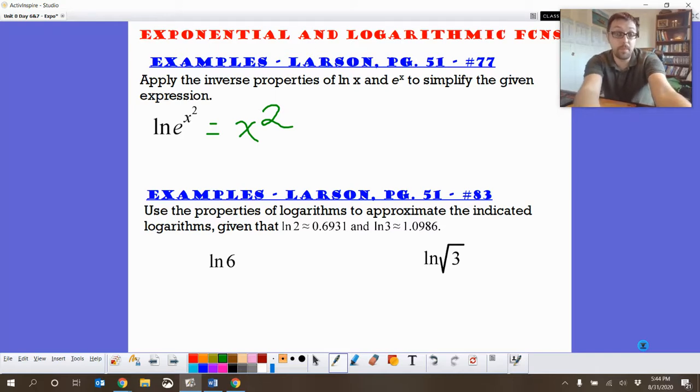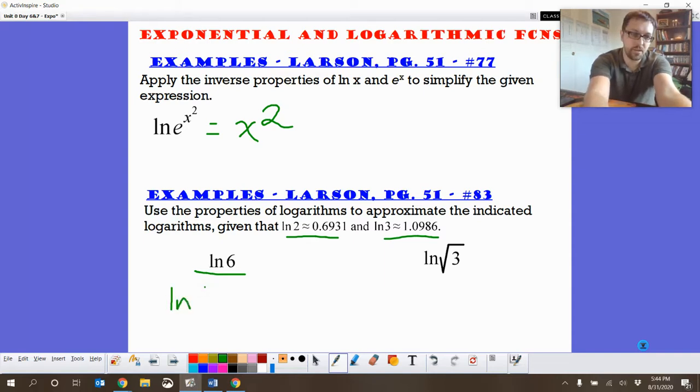Now we can use these properties in little goofy ways, where if I'm trying to find the natural log of 6, sure, I could type that into my calculator, but it's given me a couple things. So let's do some tricks. I know that 6 is 2 times 3. And since it's inside of a logarithm, I can break that up into 2 separate logarithms added together, ln of 2 plus the ln of 3.